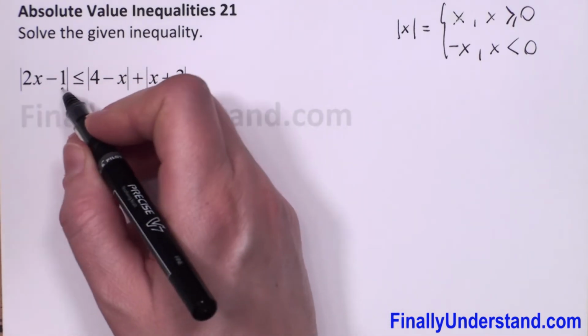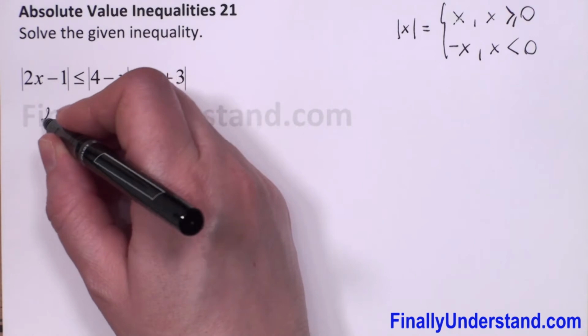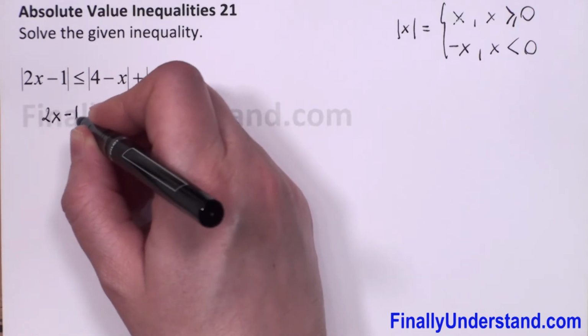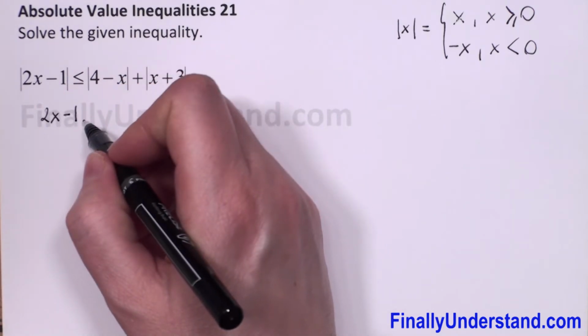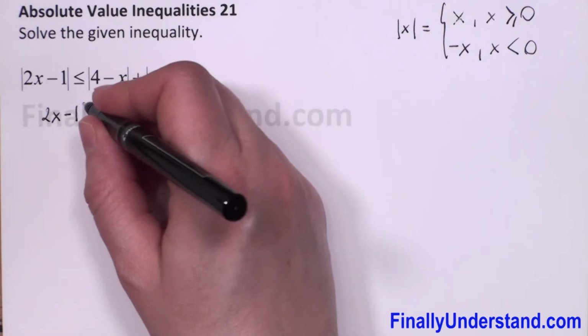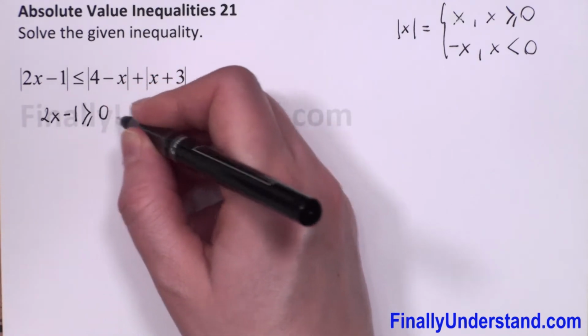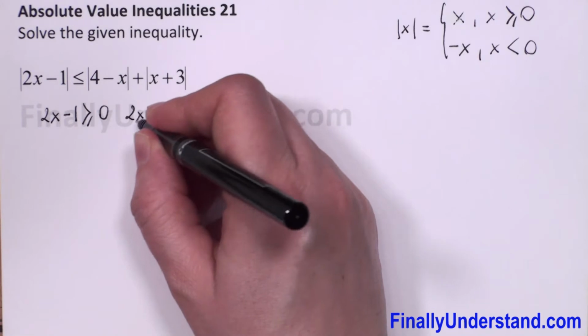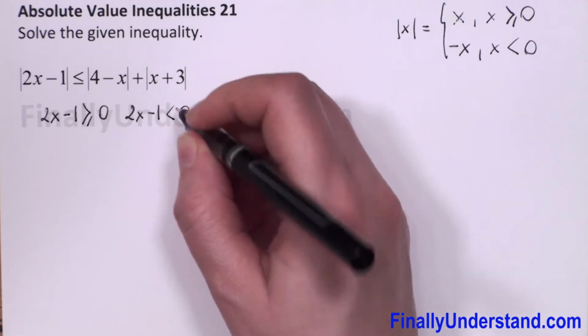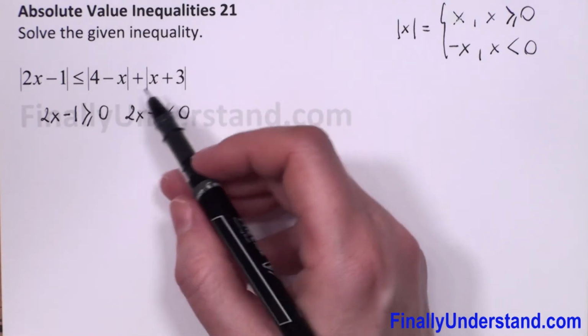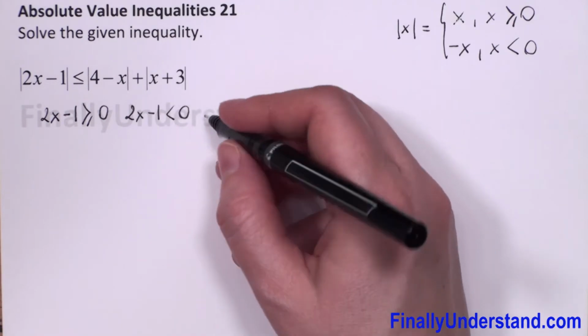First, we have between absolute value bars 2x minus 1. So first we check when 2x minus 1 is greater than or equal to 0. Next, 2x minus 1 less than 0. We have to do the same for the rest of the absolute values.